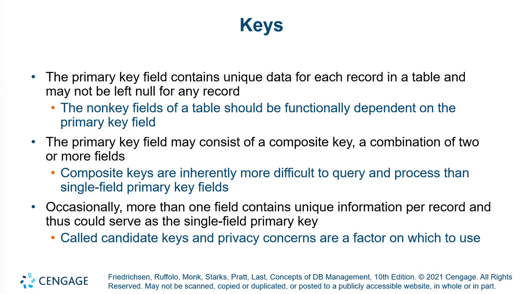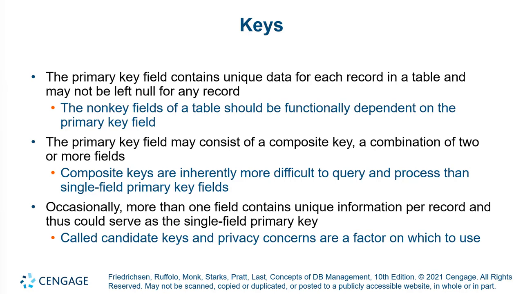The primary key is the one that uniquely identifies each record, right? And that can be a single field, like a student ID number, or it can be a composite key, which is just multiple fields. So, for instance, we can have the student's first name and the student's last name.